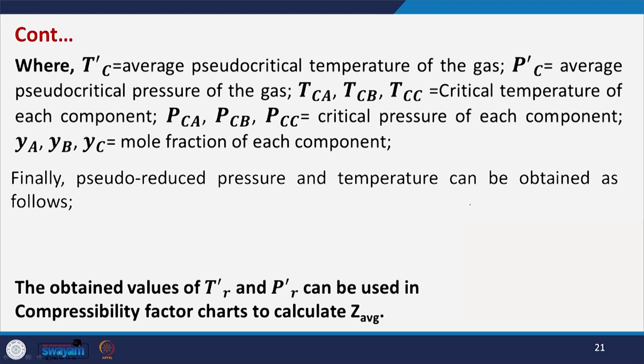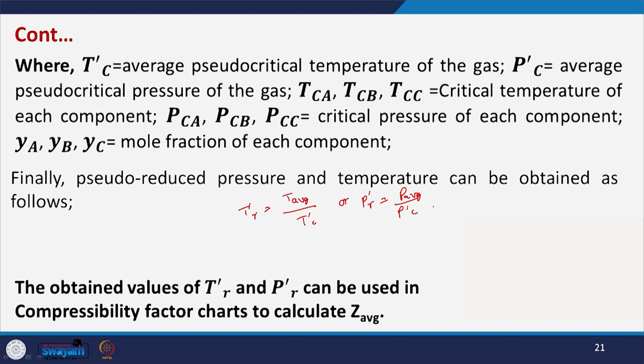Finally, pseudo reduced temperature and pressure can be obtained as T'r is equal to T average upon T'c, and P'r is equal to P average upon P'c.